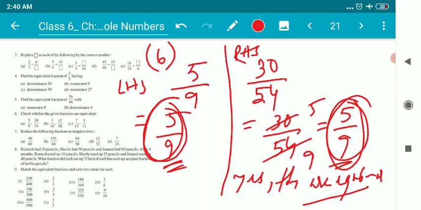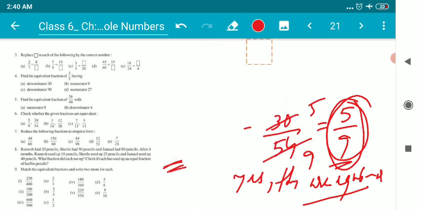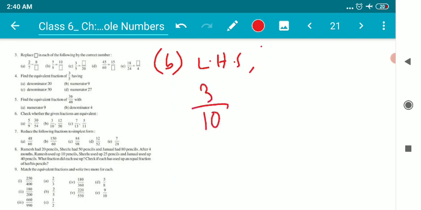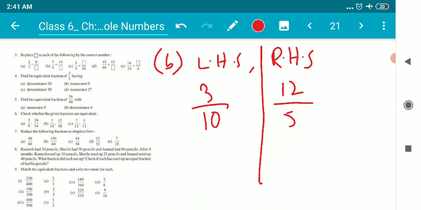Let us talk about question number B. I hope if we can solve this question, all the sums of question number 6 will be easily understandable. So question number B is about, in the left hand side we are having 3 by 10, and in the right hand side we have got 12 by 50.